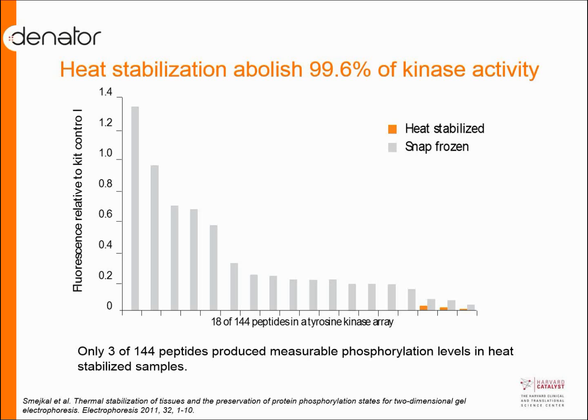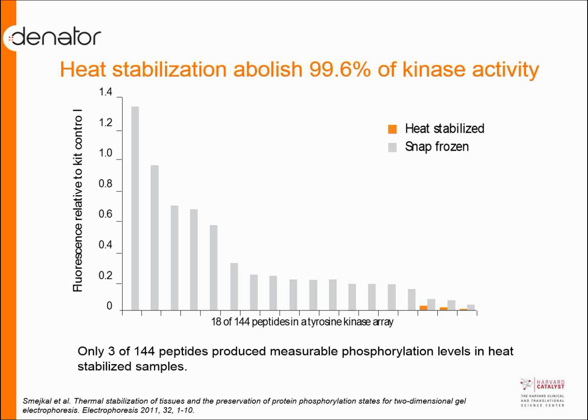And if you do have kinase activity in that sample, it will specifically phosphorylate the substrates on the array. And then you're using a general PT100 tyrosine phosphorylation antibody to measure the phosphorylation level.